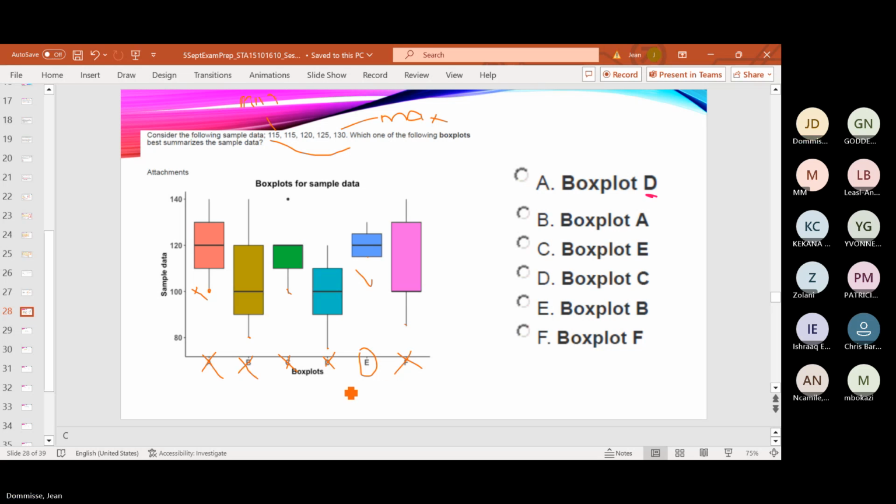Okay, then please again, what you can quickly do is to say, cool, E, you go to the next question. But E actually references box plot B. Okay, so it's not box plot B, it's not box plot F, it's not box plot C. We're actually looking for box plot E and not the other two.